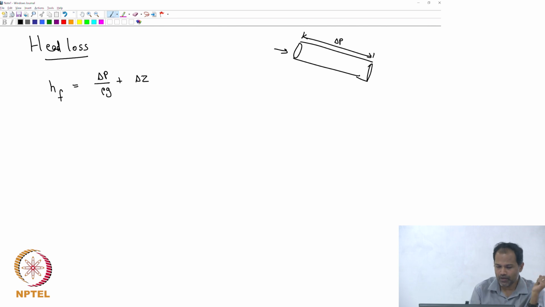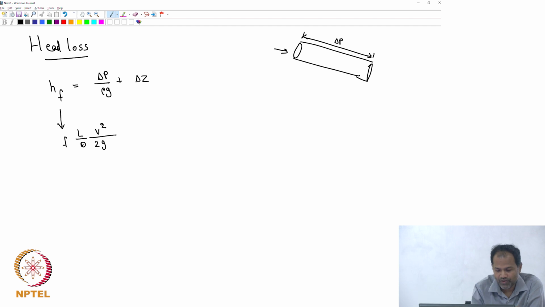Now the way we did it is we defined something called a friction factor, and we wrote down some relation between friction factor and head loss. How did it relate HF to F? That is the friction factor. Something of that sort.